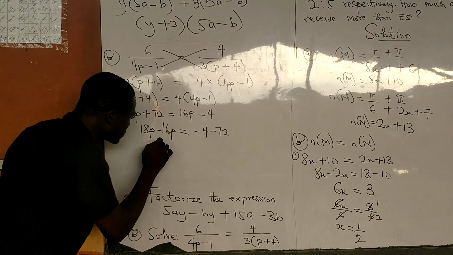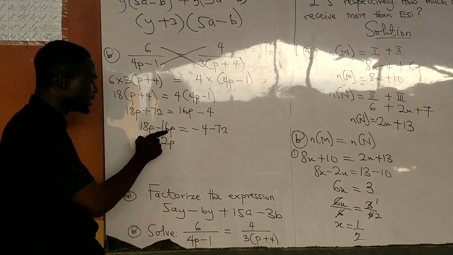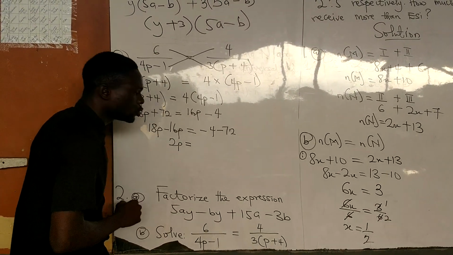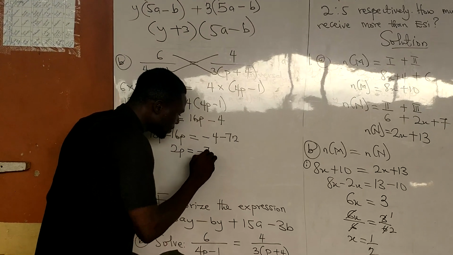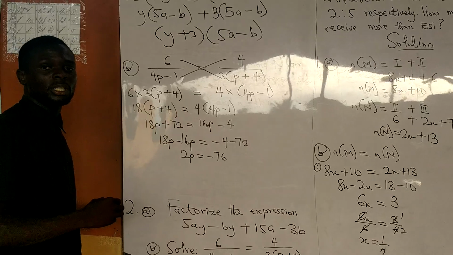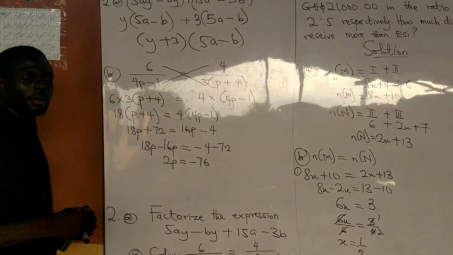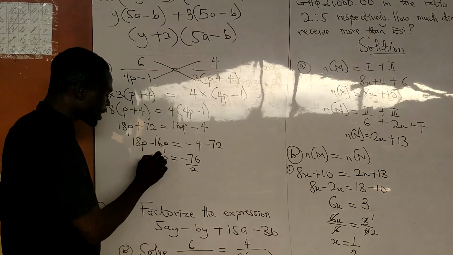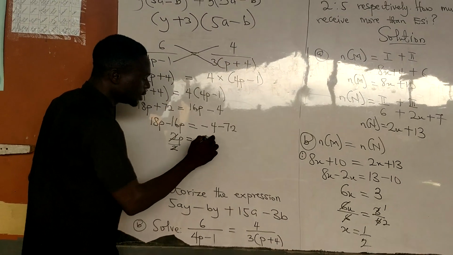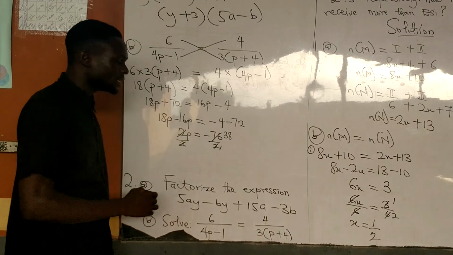So this is going to give us 2p after subtracting this from this, which is equal to negative 4, negative 72, negative 76. Then you divide both sides by 2. Divide by 2, divide by 2. This will cancel out this. 2 here 1, 2 here 38.